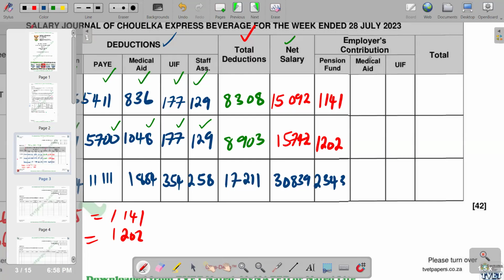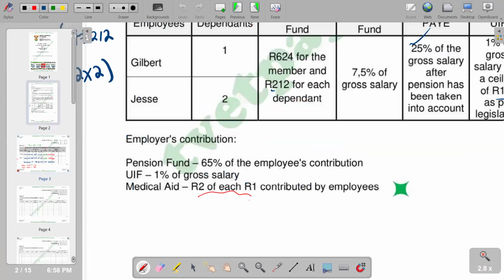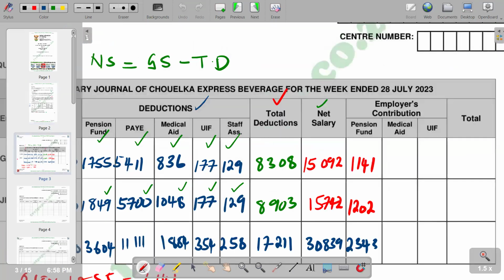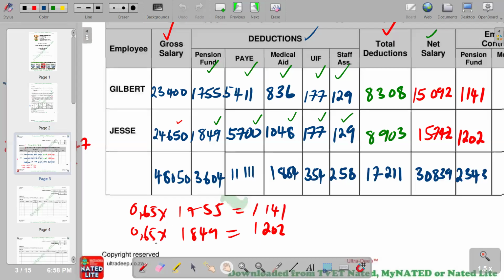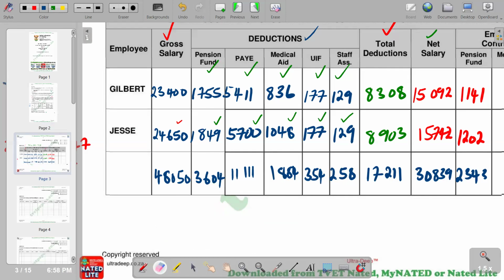Then employer's contribution in terms of medical aid, we check the instruction. The instruction is saying medical aid is 2 rand for each rand contributed. So basically, we are saying the medical aid for the employee we multiply by 2. So it's as simple as that. So to get the employer's contribution for medical aid, for Gilbert, we are saying 836 times 2.